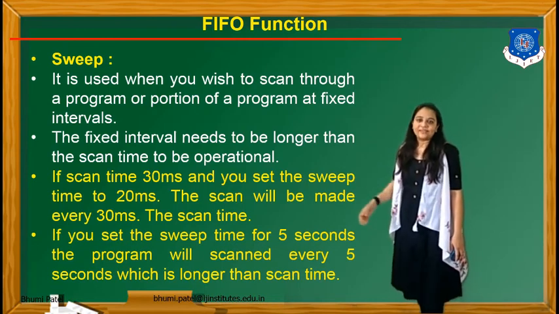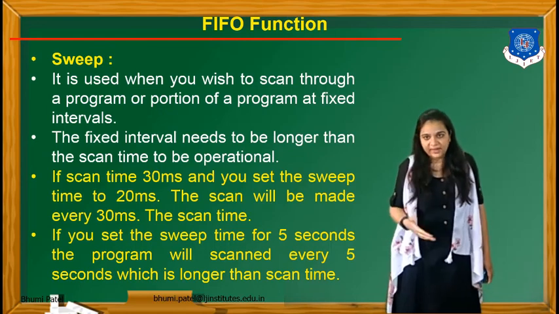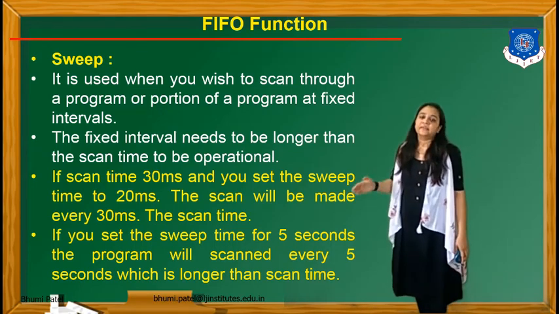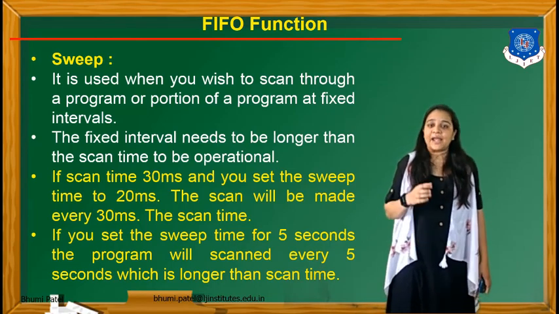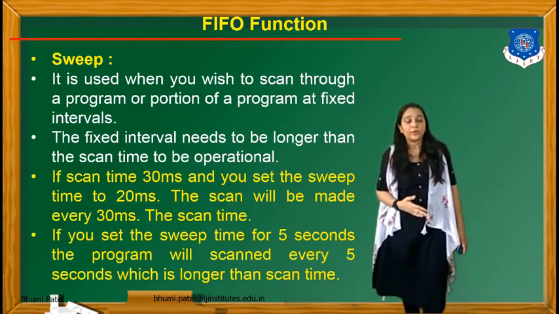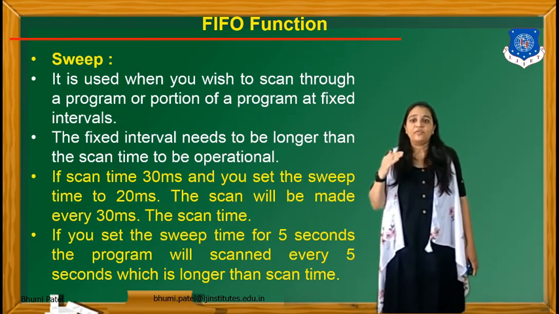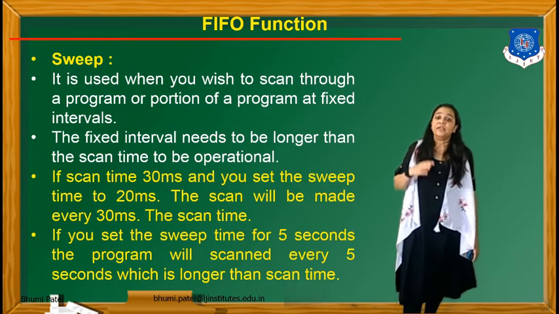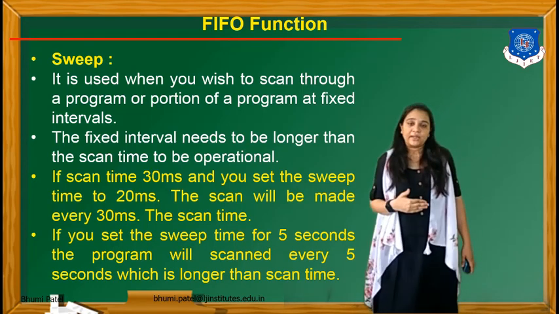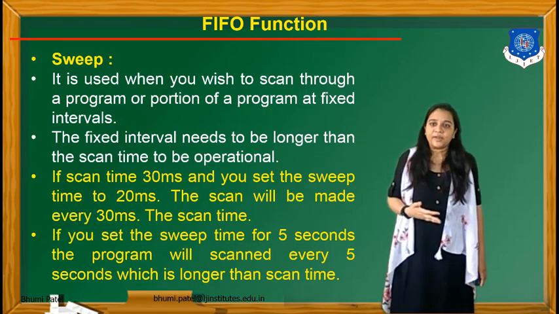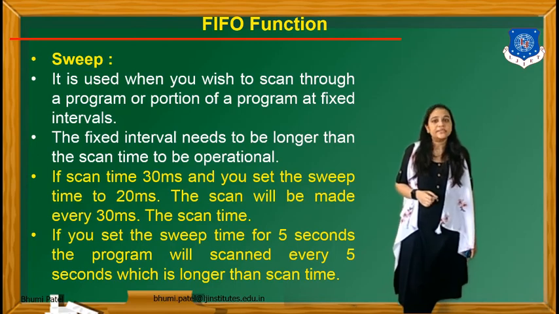Okay, so if you set the sweep time to 5 seconds, the program will be scanned every 5 seconds, which is longer than the scan time. And as you know, the scan time is the time required to scan the whole program from top to bottom and from left to right. Okay, so we have to decide the sweep time relative to the scan time, and we can try in every program to keep the sweep time consistent with the scan time.